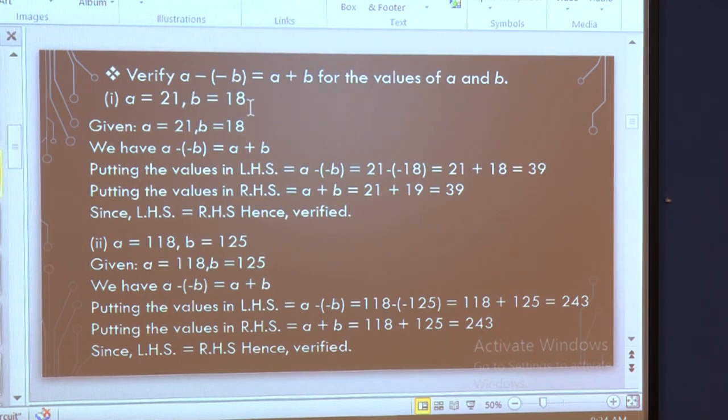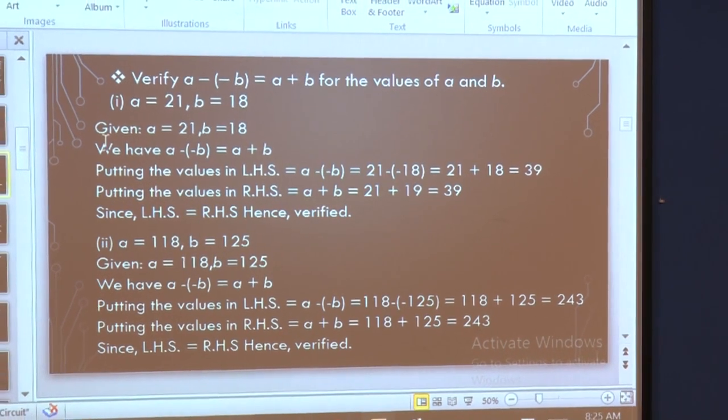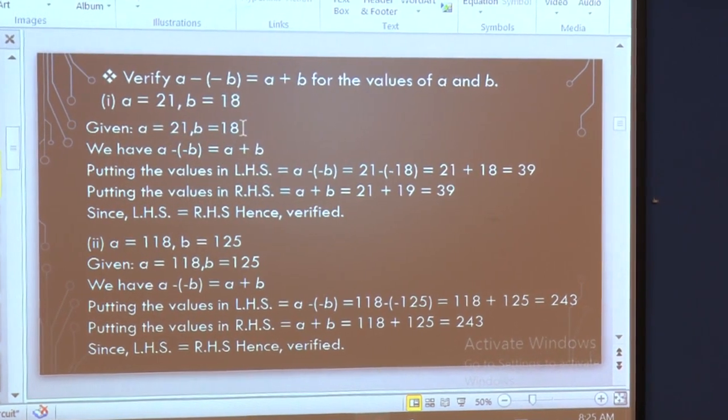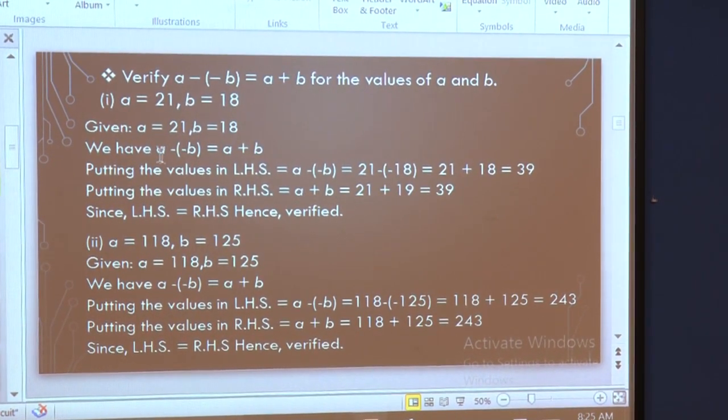You can take your own values and solve this. Now, what is given? A is given as 21 and B is given as 18. We have A minus minus B, already given. We have to verify this statement with A plus B.